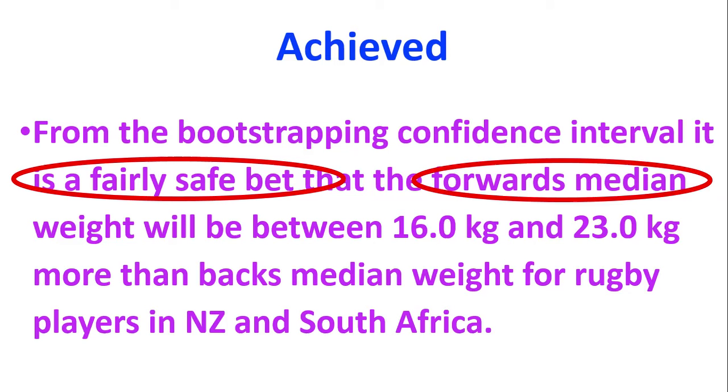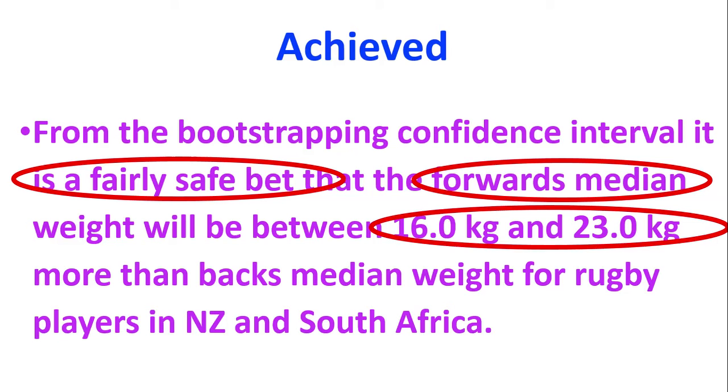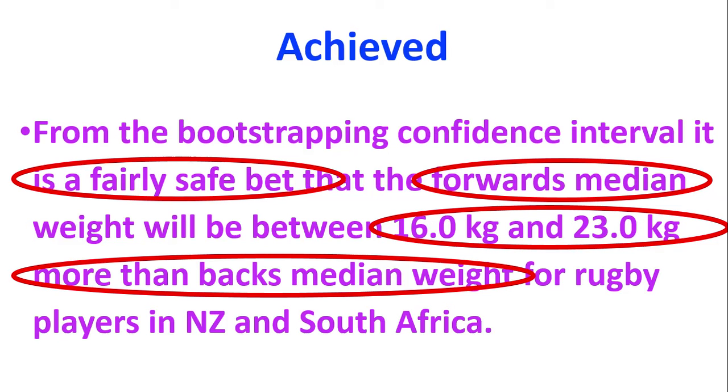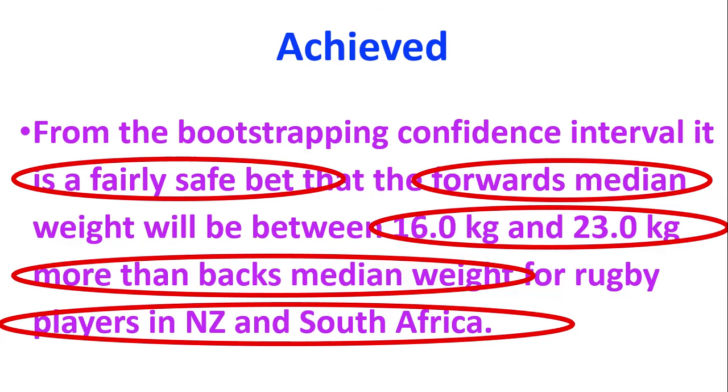Fairly safe bet that the forwards' median weight is going to be between 16 and 23 kilograms more than the backs' median weight. So note, I'm talking about the median weights, the forwards compared to the backs, and this is where we've got to talk about our population for rugby players in New Zealand and South Africa. We took a sample of rugby players, but we're now interpreting this confidence interval in terms of the population that we want to know, which is all rugby players in New Zealand and South Africa.